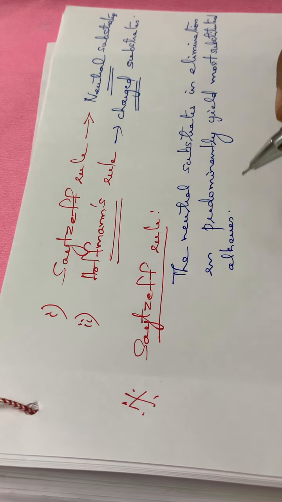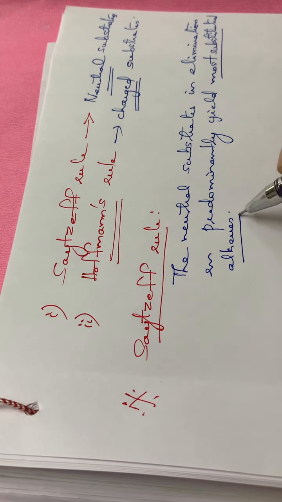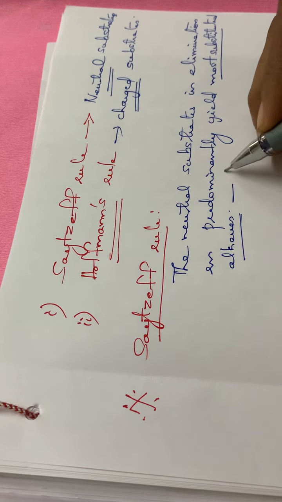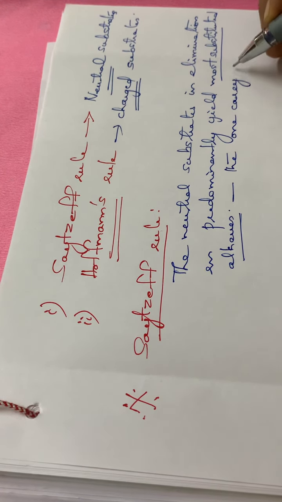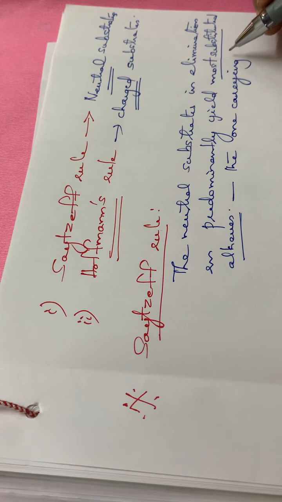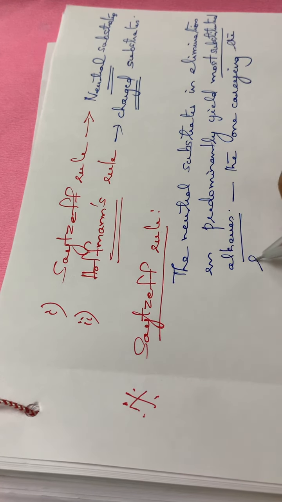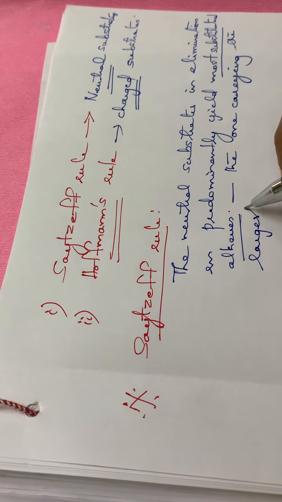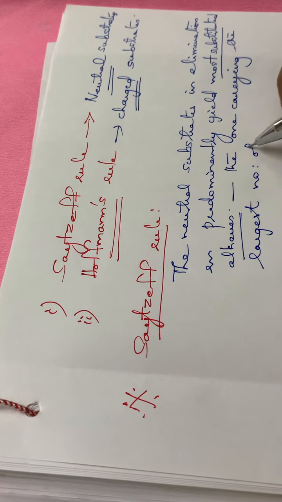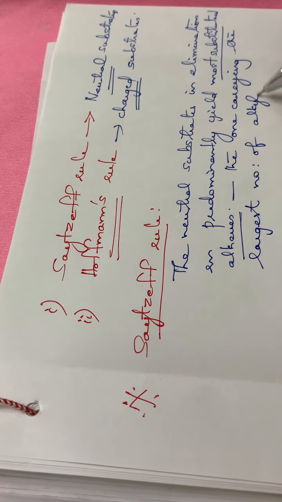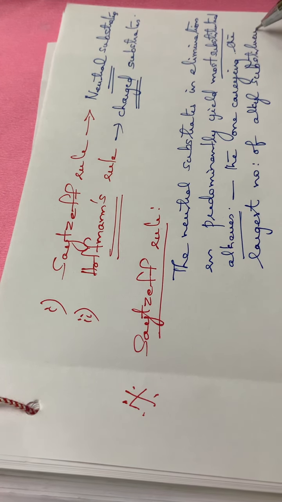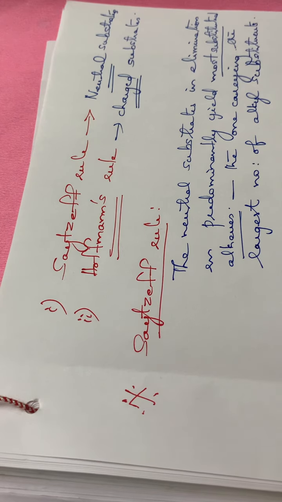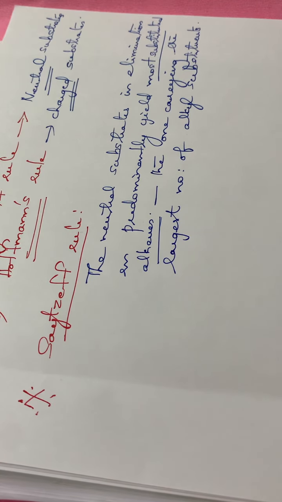The most substituted alkene means the one carrying the largest number of alkyl substituents.